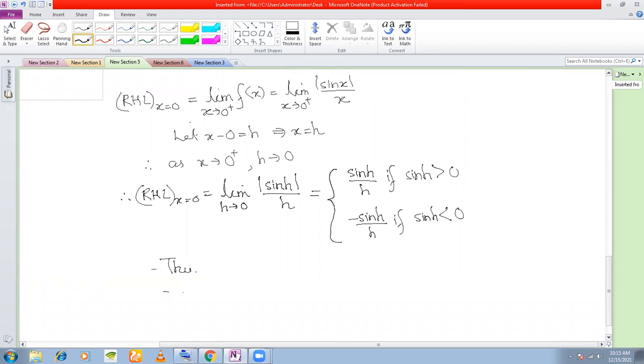So what do you see? Thus both the left hand limit at x is equal to 0 and the right hand limit at x is equal to 0 exist finitely but not uniquely. They are finite but they are not unique.